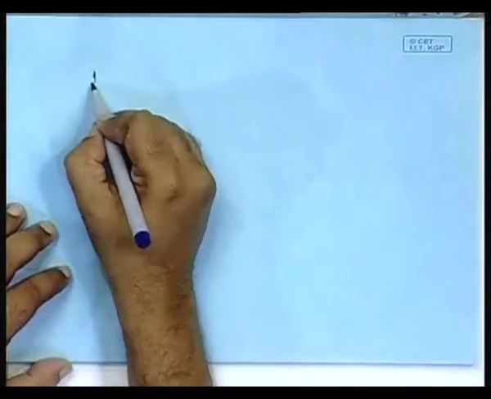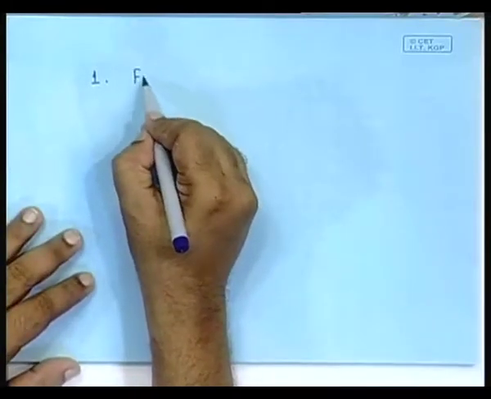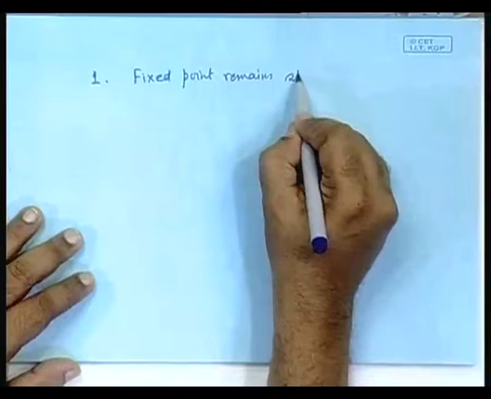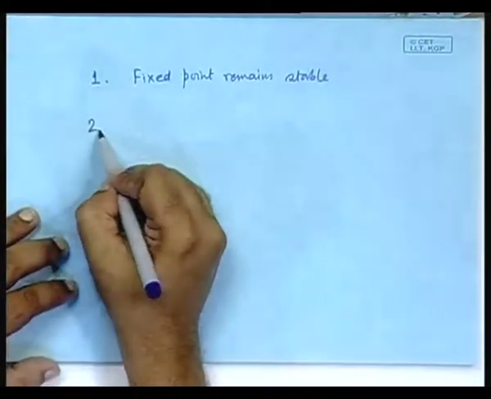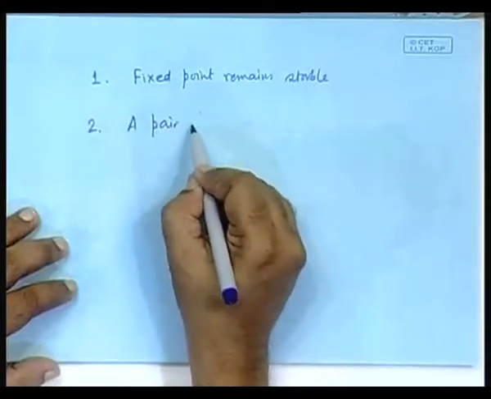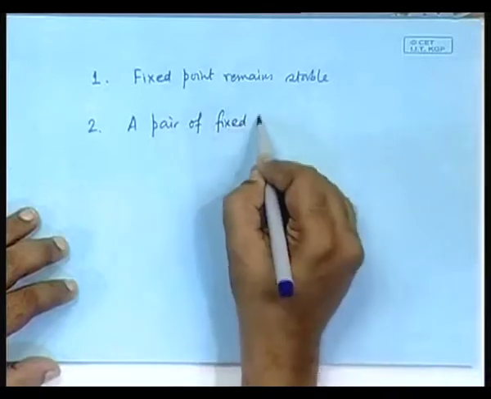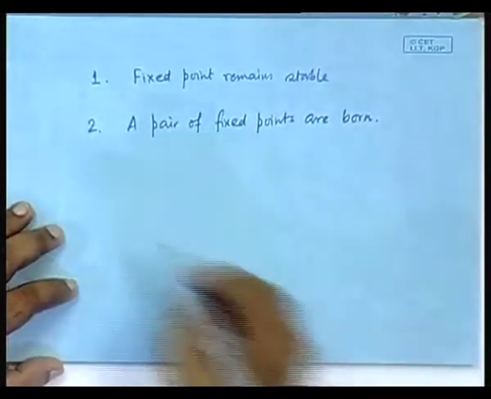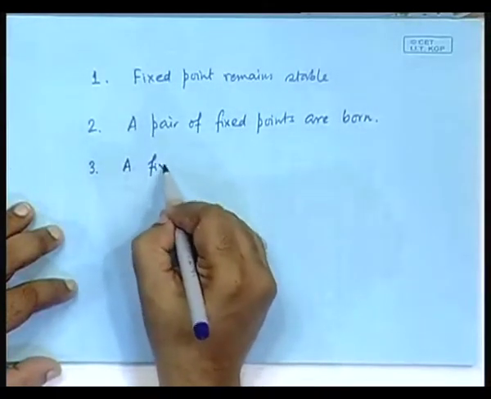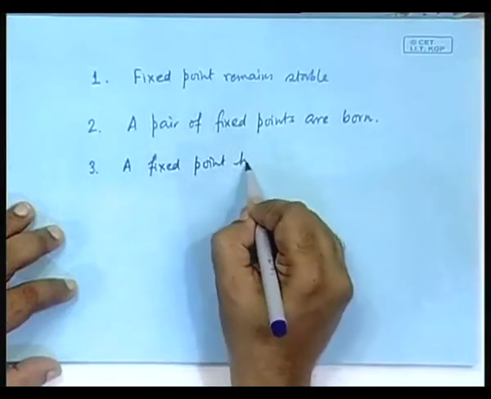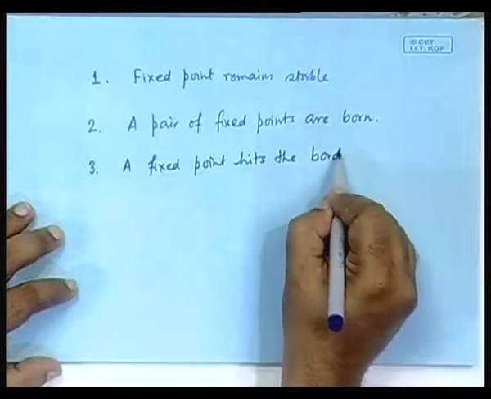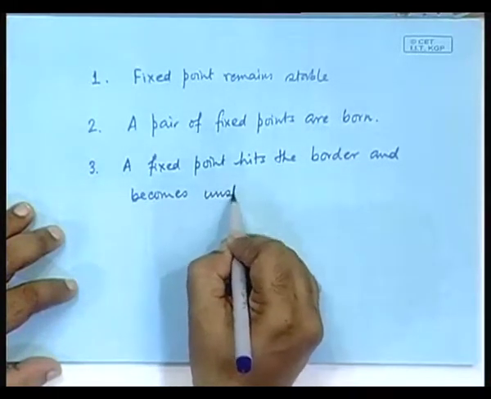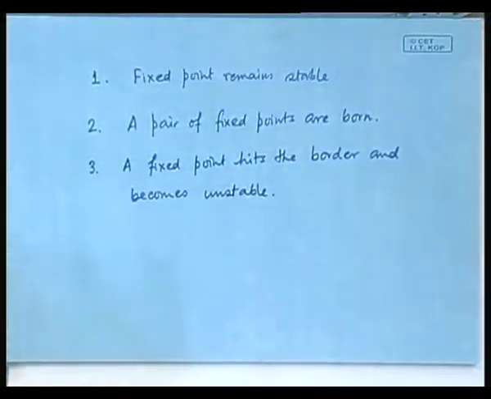Basic type means 1, fixed point remains stable. 2, and 3, these are the 3 possibilities that can happen.